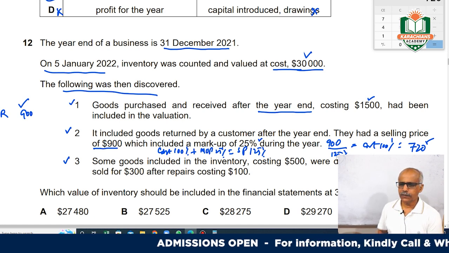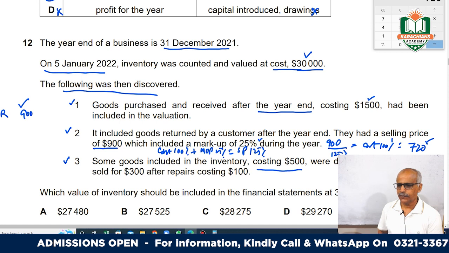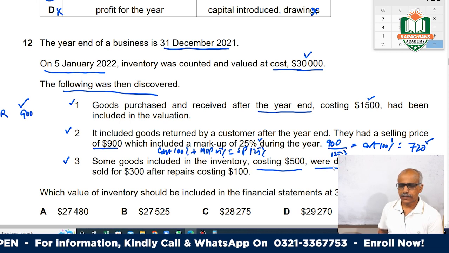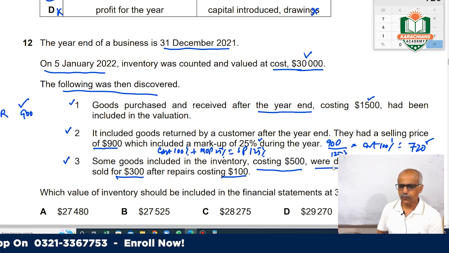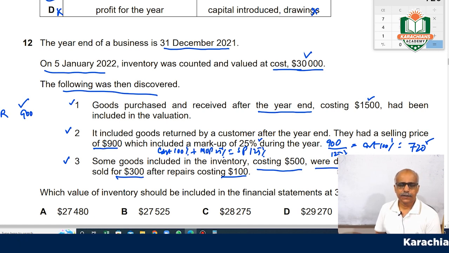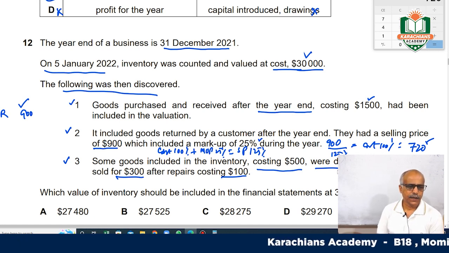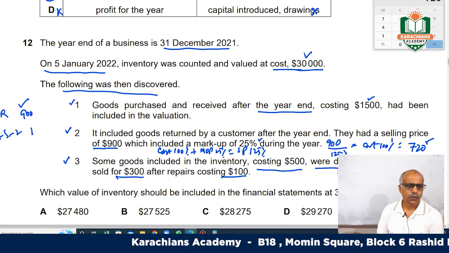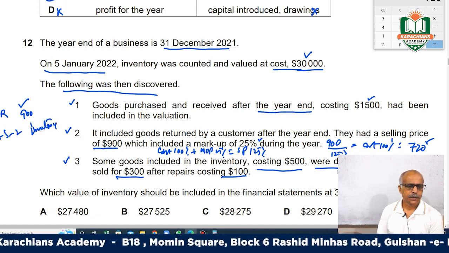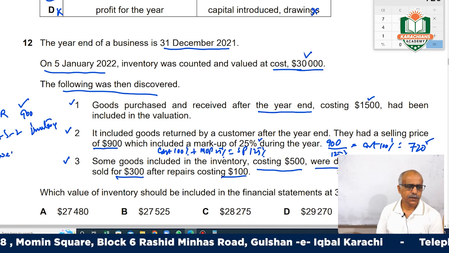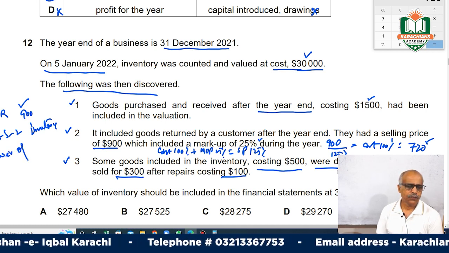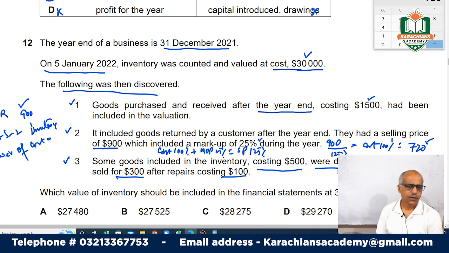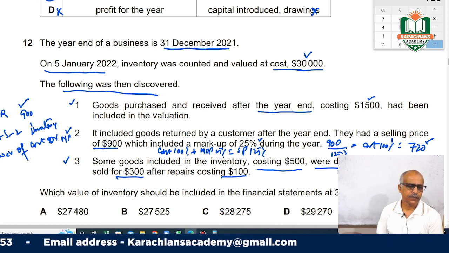Some goods included in the inventory costing 500 were damaged. They can be sold for 300 after repairs costing rupees 100. Here IAS 2 on inventory says value inventory at the lower of cost or NRV.